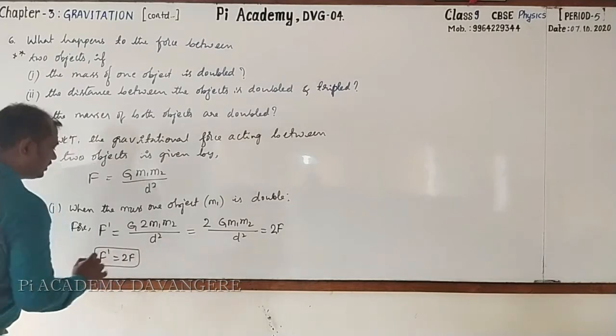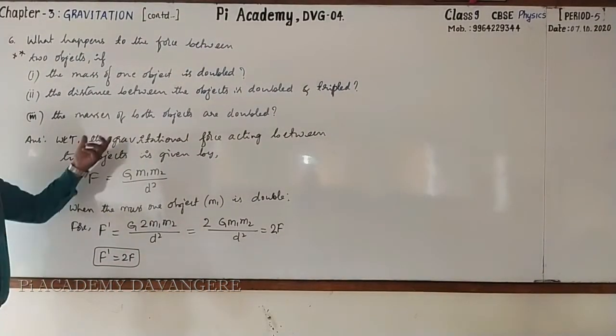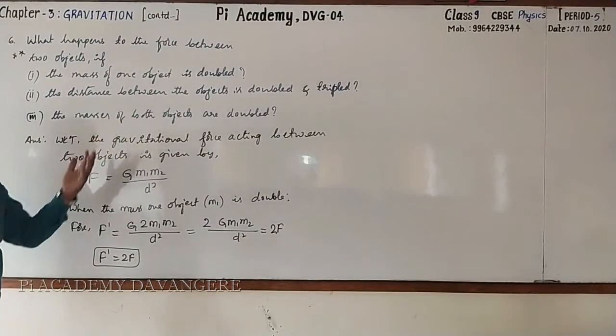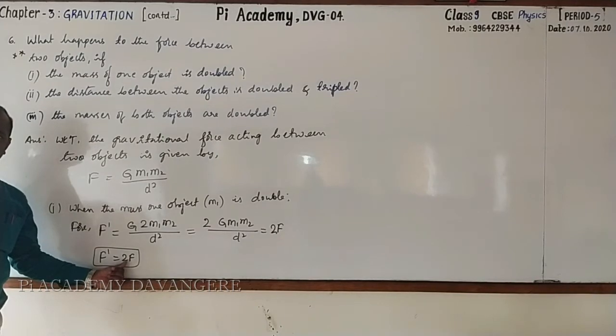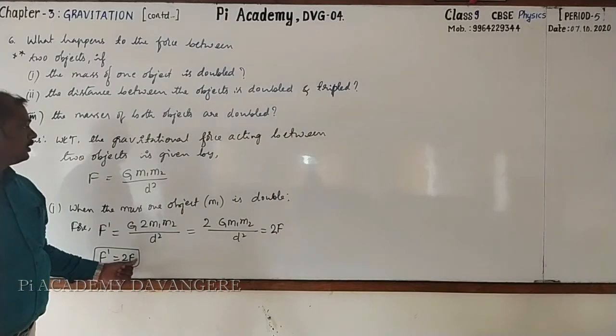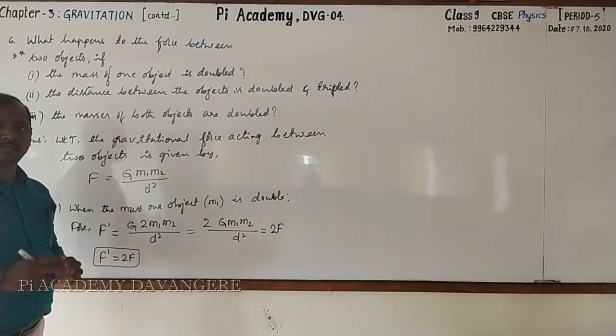What is the meaning of this? When the mass of one object is doubled, the gravitational force acting between the two objects also gets doubled. That means it will be 2 times more than the original force. Followed?